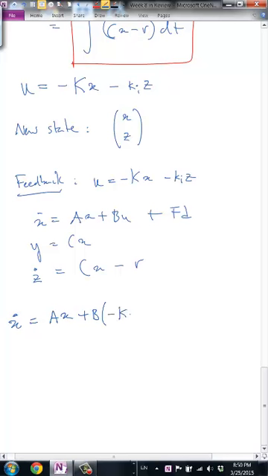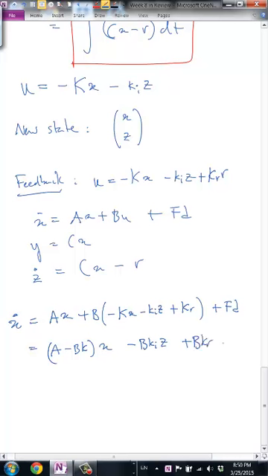U is equal to minus Kx minus KI z. And I forgot to add, as always, the feed-forward filter, plus KR r, and then we've got our Fd. So writing this out, this is equal to (A minus BK) times x minus BKI times z, being a little sloppy here, plus BKR r plus Fd. And z dot is equal to Cx minus r.